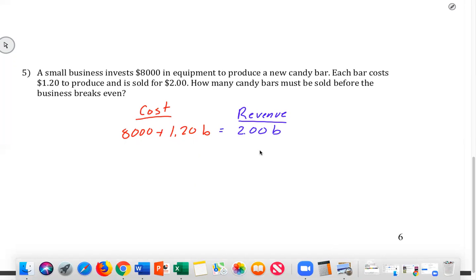So let's use green now. If I subtract $1.20, or 1.2B, from both sides, I get 8,000 equals 0.80B. Divide by 0.80.